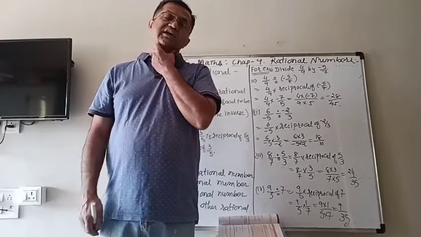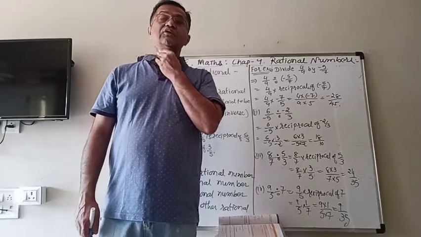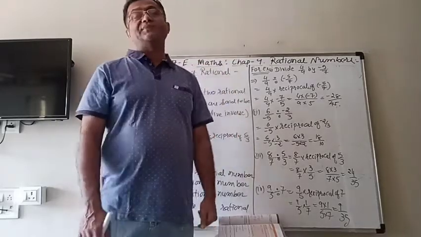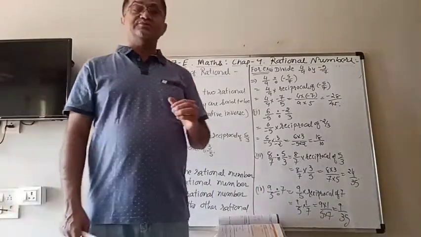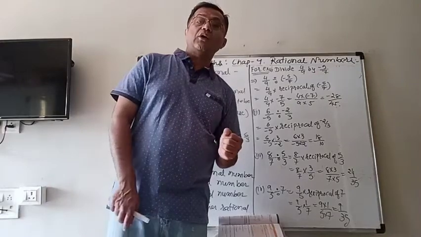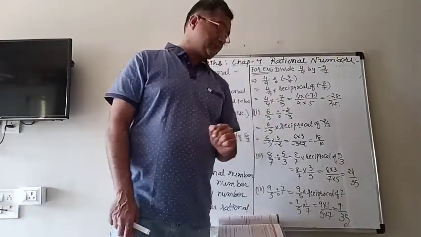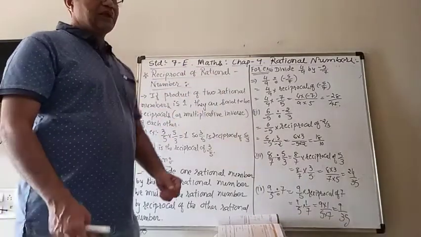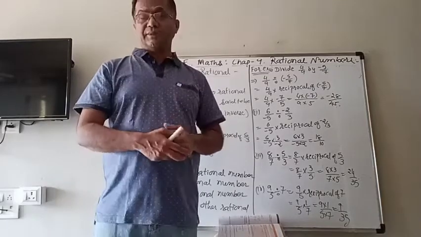Because when we divide the rational numbers, actually we are multiplying the reciprocal of that number. So that's why it is necessary to understand about the reciprocal of the given number. So now division. Division is converted into the multiplication.